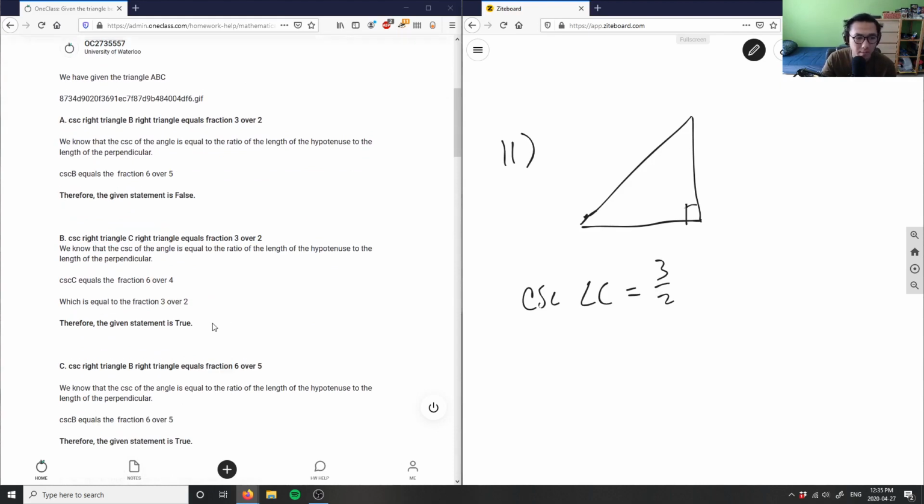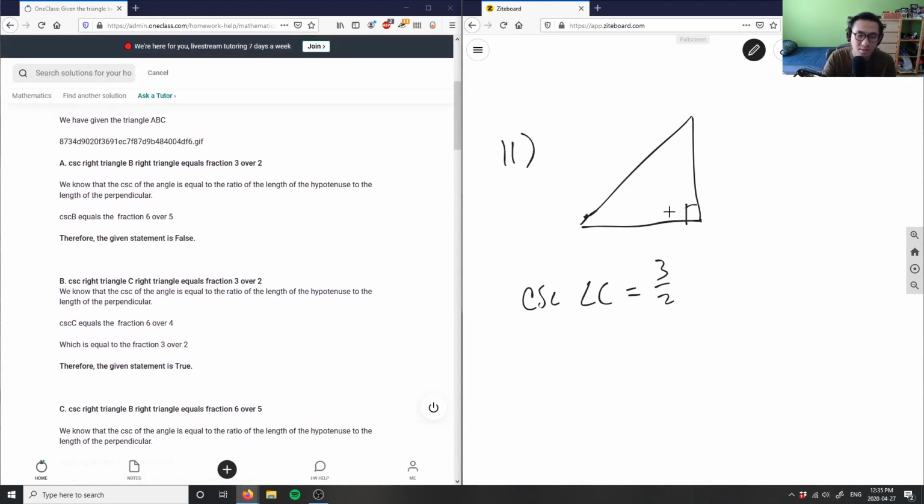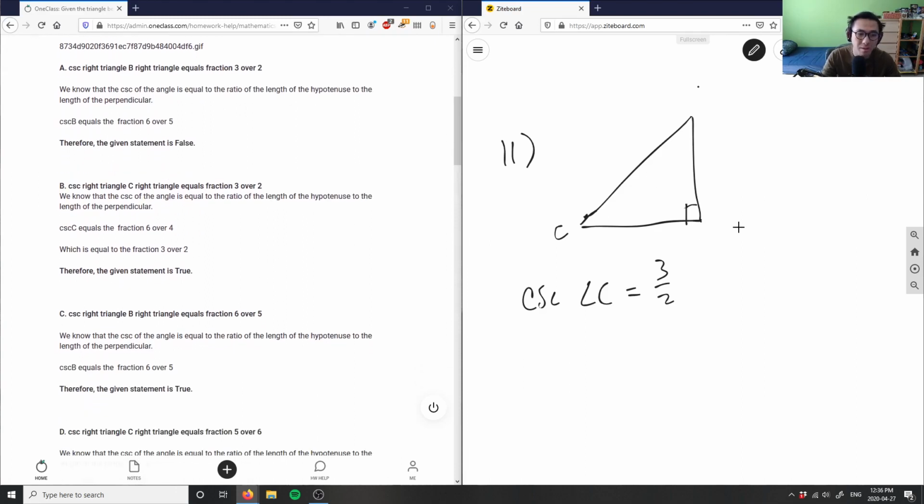Let's assume that this here is C, this here is A, this here is B. Actually, no, B here is this guy, and A is here. So I'm saying cosecant C equals 3 over 2, and they said it was a true statement.